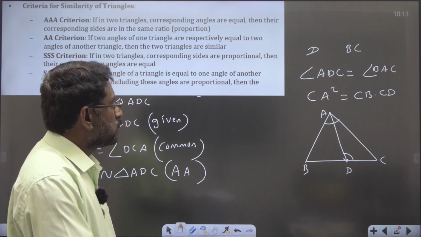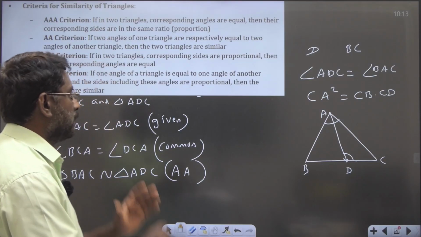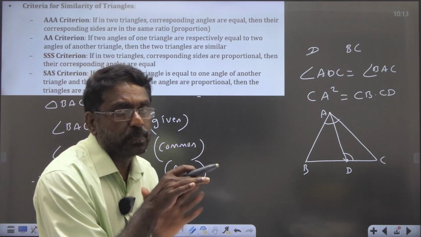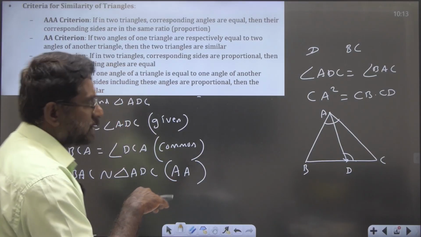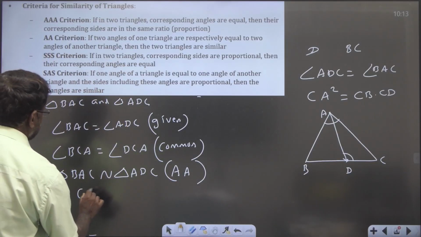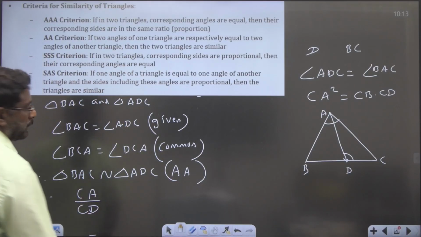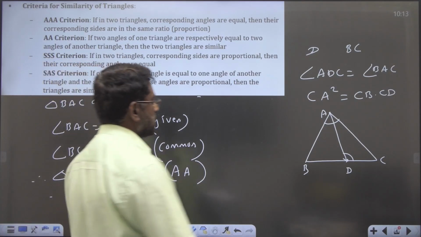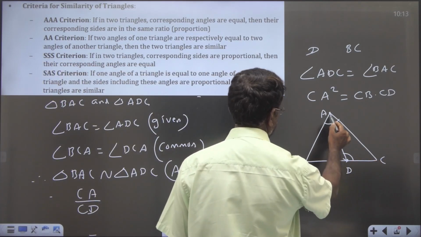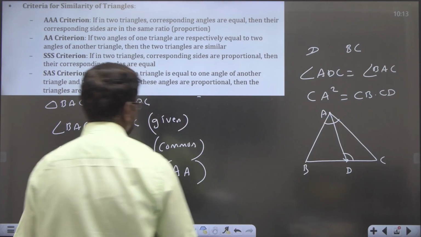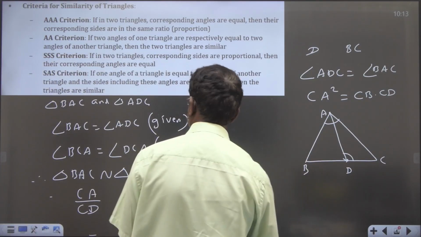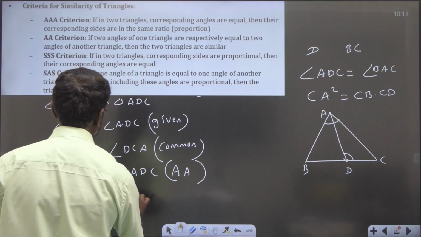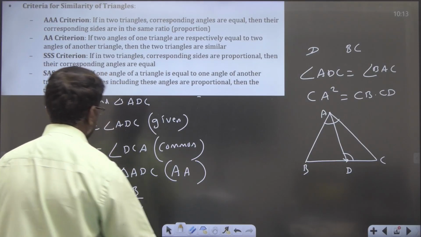Since these two triangles are similar, their corresponding sides are proportional. That is, CA by CD equals CB by CA.